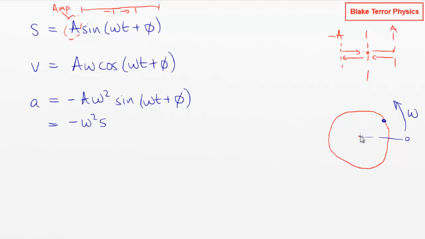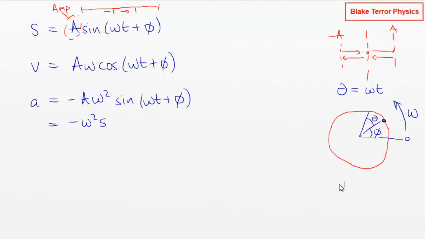So we have to have some line that we measure the angle from. And it starts off here at time t equals 0 at some angle, which we're going to call phi. Let's say now after time t, we've moved through an additional angle theta. Well, theta, so angle is angular velocity times time, so that's omega t.